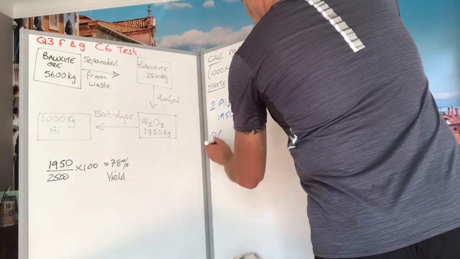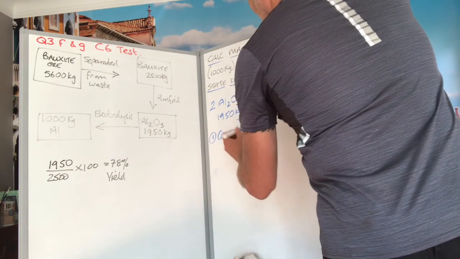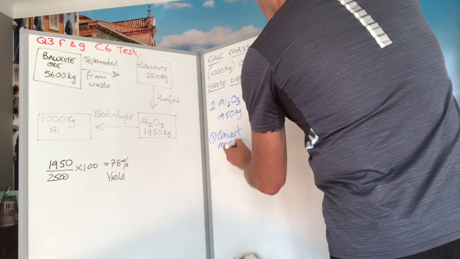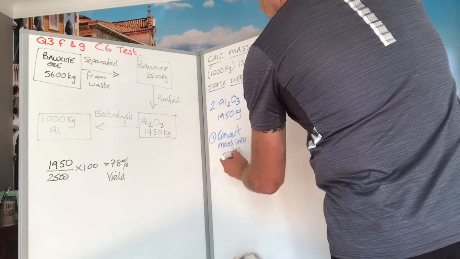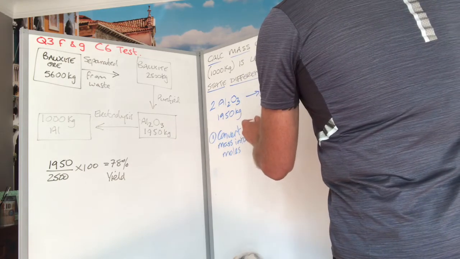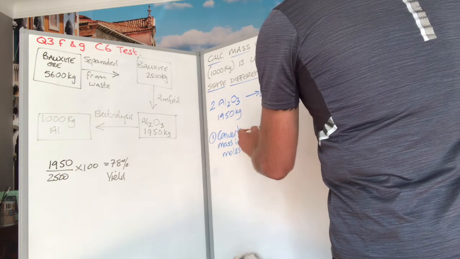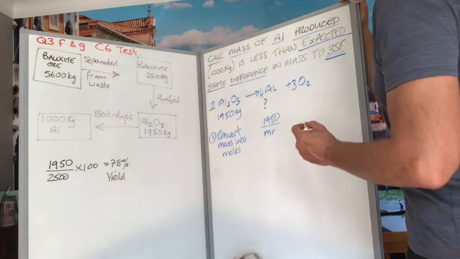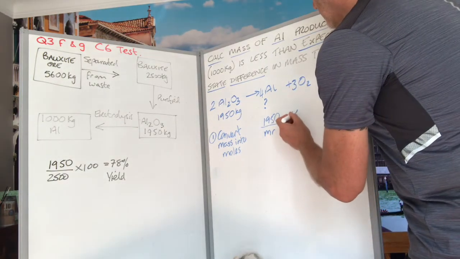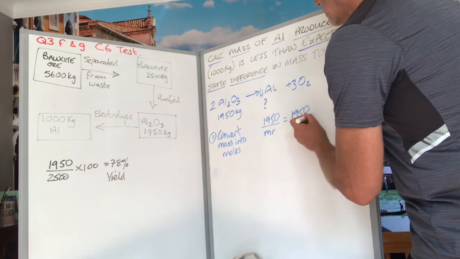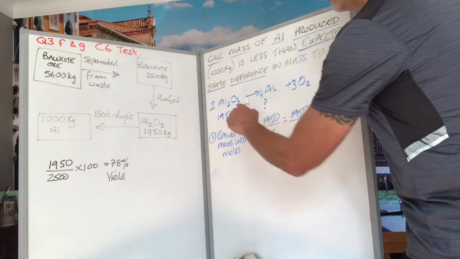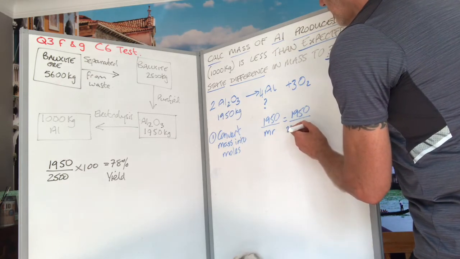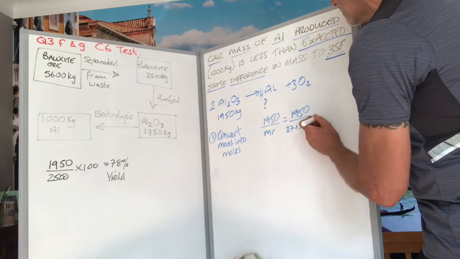Step number 1, convert mass into moles, and we do that by taking the mass, 1950, and we're going to divide that by the formula mass MR, which is 1950 divided by, now the MR of aluminium oxide is going to be 27 plus 27 plus 3 lots of 16, which is 48.